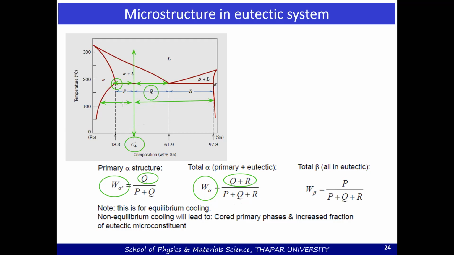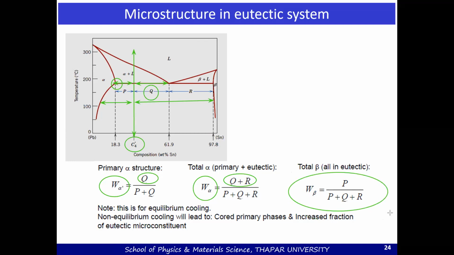When you want to define beta, you should look towards alpha, and that gap is equal to P. So your beta is P upon P plus Q plus R.